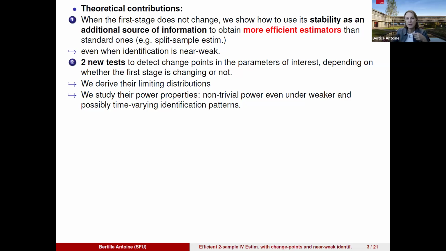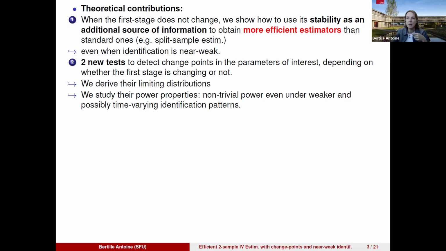The second part is about the structural breaks or the abrupt changes. And here we are going to develop tests to detect the changes and also to estimate those change points. And we are going to develop these tests that are, in fact, extensions of existing tests.